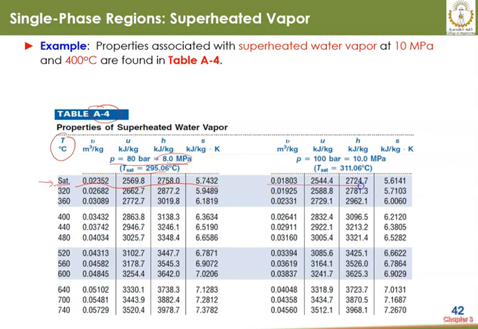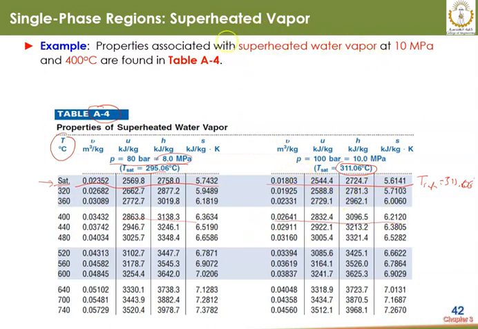And these properties are for a T sat of 10 megapascal, which is 311.06 degrees Celsius. Okay, but then the rest here are at a temperature of 400. These are the properties at 8 megapascal, and these are the properties at 10 megapascal.